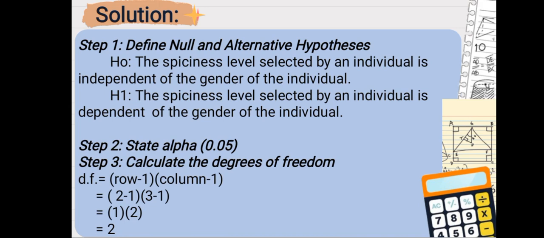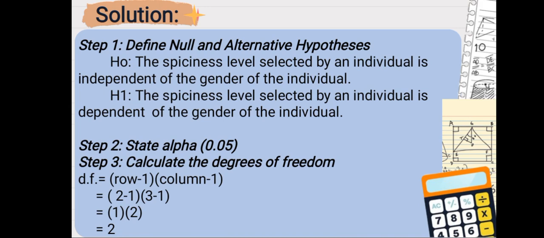So, next step is state alpha: 0.05. Step 3, calculate the degrees of freedom. The formula is row minus 1 times column minus 1.